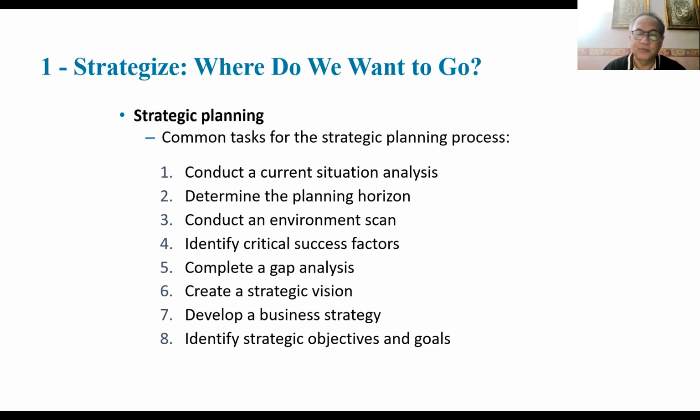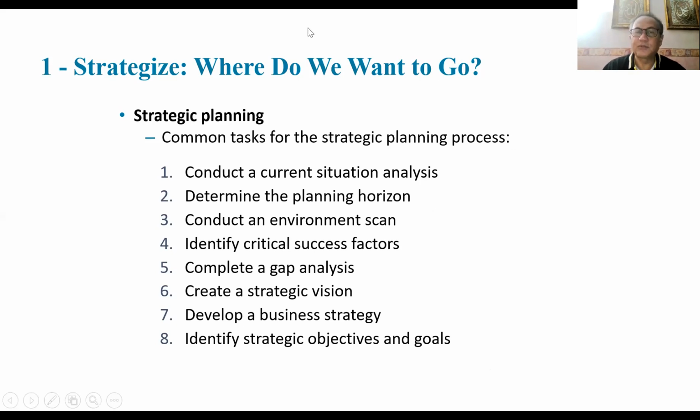Then from the present situation and your horizon, you do a gap analysis, create a strategic vision so that you develop a business strategy, and identify the strategic objectives and goals for your organization.